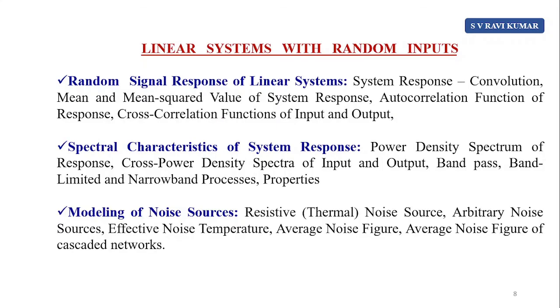And the last unit is linear systems with random inputs. This is divided into 3 parts: random signal response of linear systems, spectral characteristics of system response, and modeling of noise. Here the first two are recollected from signals and systems.